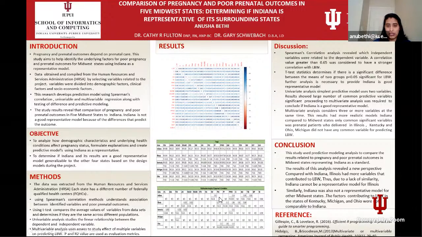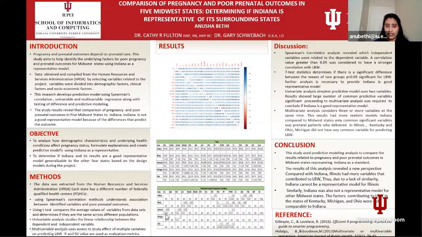If we look into the table, each state had only a few variables that showed significance towards low birth weight. In Indiana, diabetes, prenatal patients who delivered, BMI and tobacco had significant value. In Illinois, a larger number of variables showed significance towards low birth weight: uninsured population, Medicaid, prenatal care, prenatal patients who delivered, cervical cancer, and BMI.